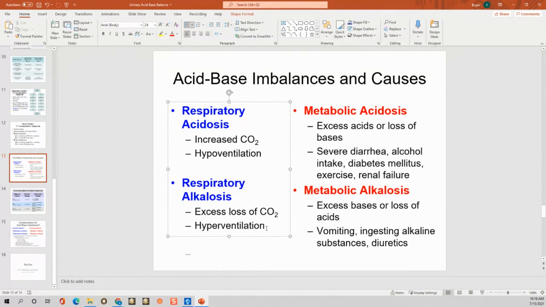Anybody ever had a panic attack where they start hyperventilating uncontrollably? Those are extremely dangerous. Shush, Tariq. Hyperventilation, like if you get on a plane and you're scared of a plane or for whatever reason, those are extremely dangerous. They cause your body to go into respiratory alkalosis.